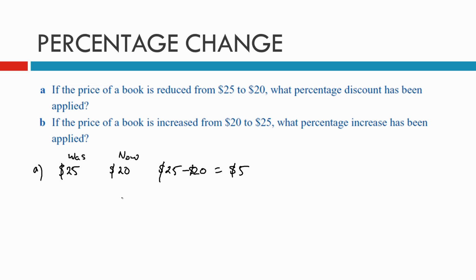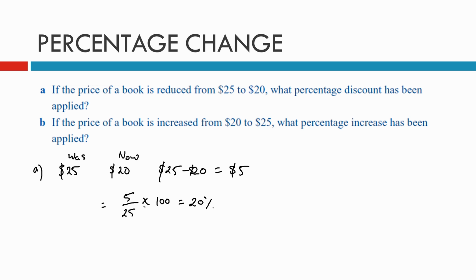Now applying the formula that we just showed you before, percentage discount is equal to the discount divided by the original price. Well, the discount is $5. The original price was $25. We multiply that by 100 and we get 20%. And that's how you do this type of question.